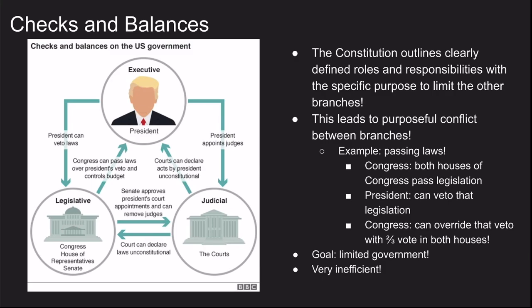As we move forward, we're going to think about how these checks and balances look in action. How does separation of powers look in the real world? Not everything is clearly defined in terms of those roles and responsibilities. And both checks and balances and separation of powers lead to conflict between all three branches of government.